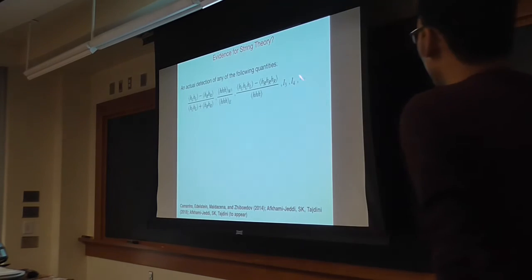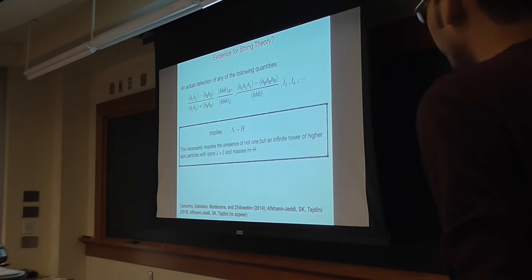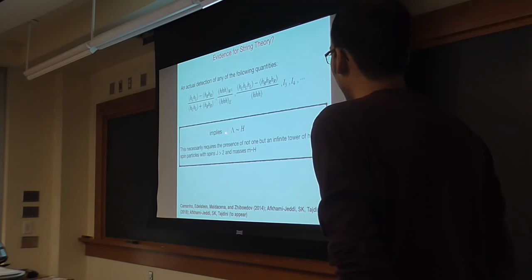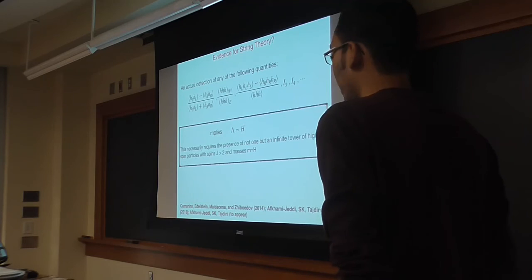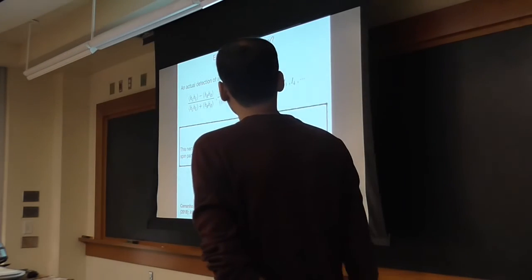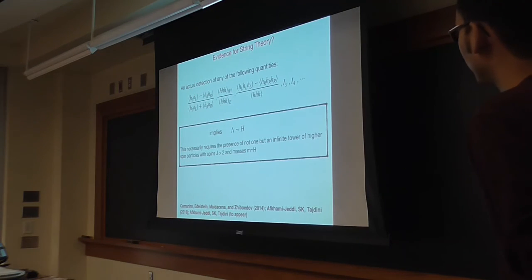Even then, if you measure this, let's say I3 or I4 or any one of them, the only way you can explain that observation is by demanding that the cutoff scale is comparable to the Hubble scale. Only then can I3, I4 or even the higher contributions be large enough to be observed.